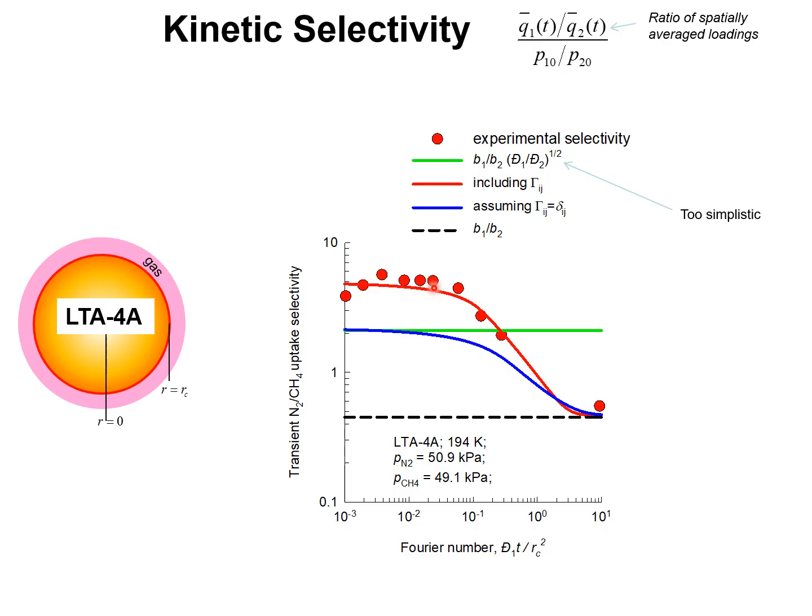The continuous red line is the calculation of the kinetic selectivity from the simulations presented in the foregoing slide, in which thermodynamic coupling effects are duly accounted for. The blue line is the kinetic selectivity calculated from the simulations in which thermodynamic coupling effects are ignored.